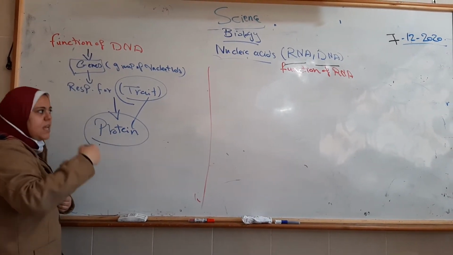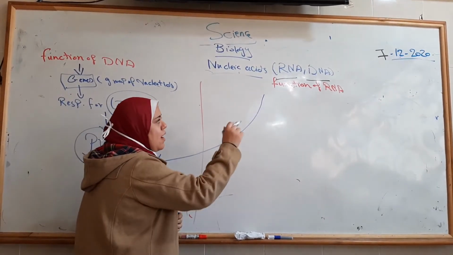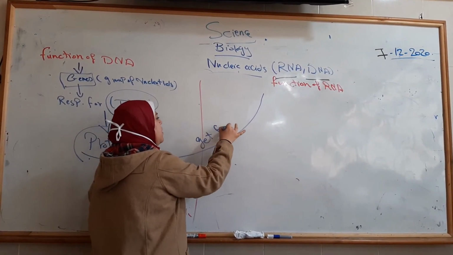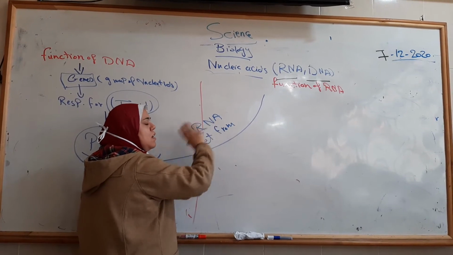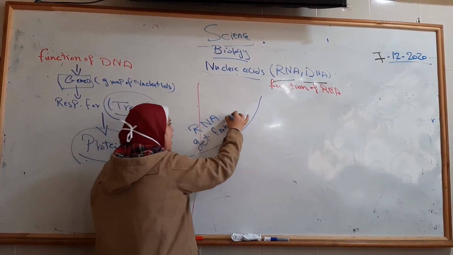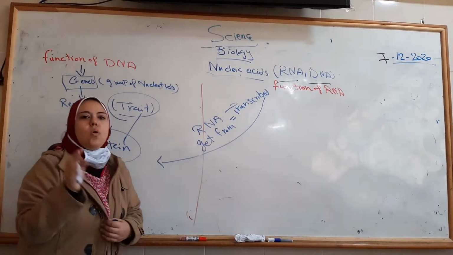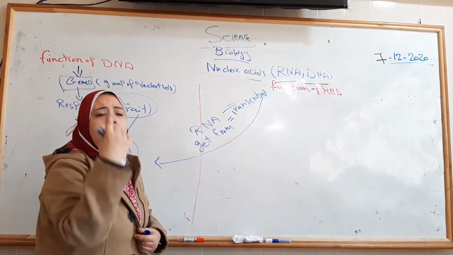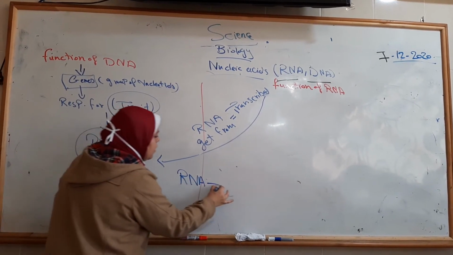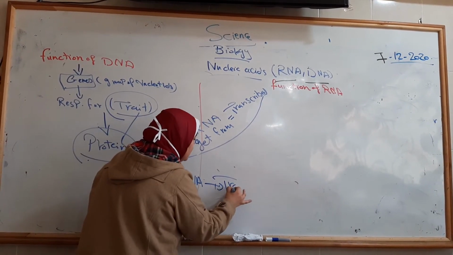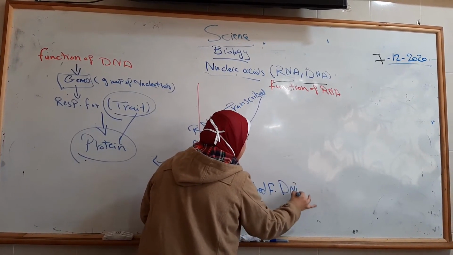Protein is formed with the help of RNA. RNA gets from DNA, meaning it is transcribed or copied. So RNA is a copy of one strand of DNA. This is a very important diagram. Step 1: RNA is transcribed from DNA.